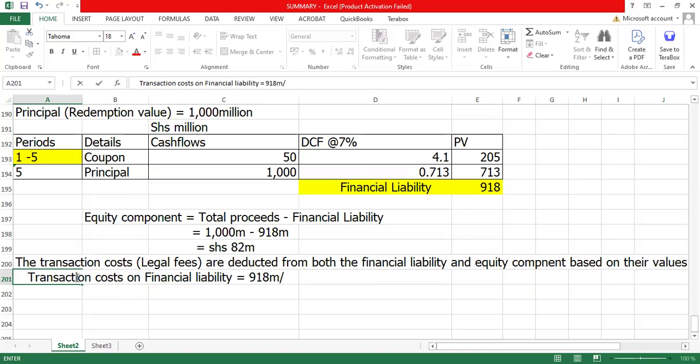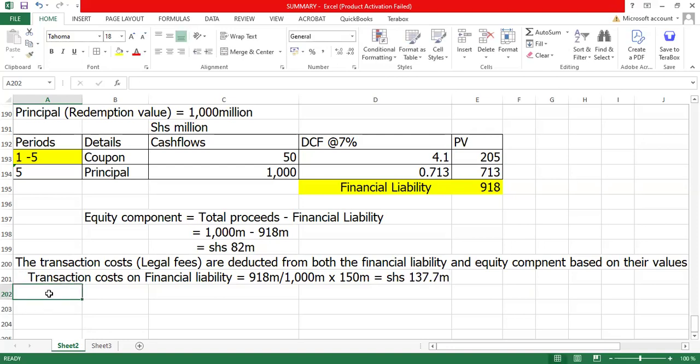You divide it by the total, which is 1,000 million, then times the total transaction cost, which is 150 million. What do you get? 918 divided by 1,000, then times 150. You get 137.7 million.